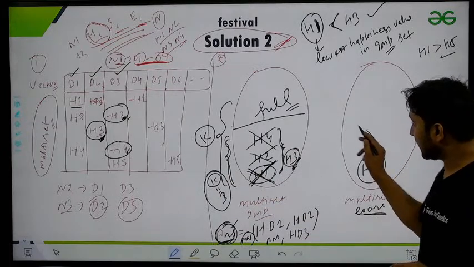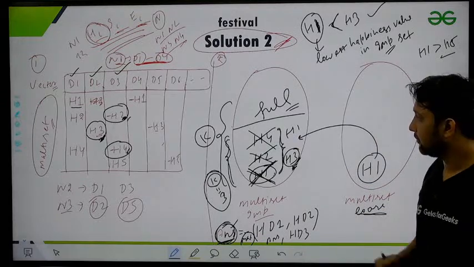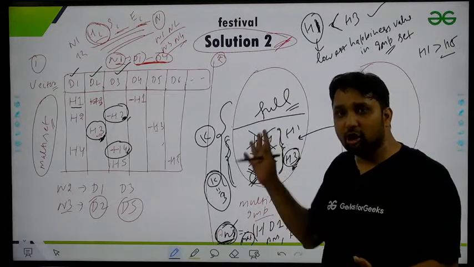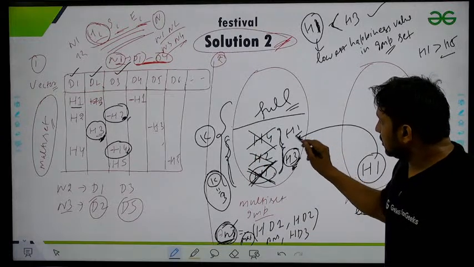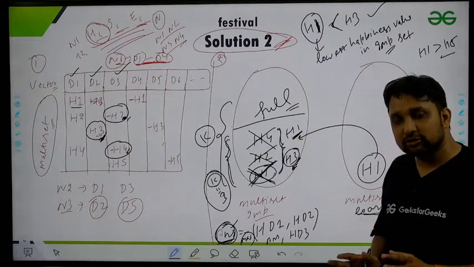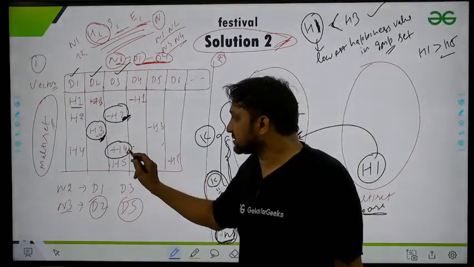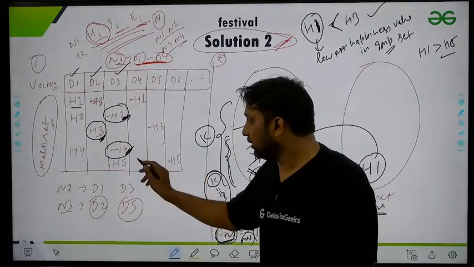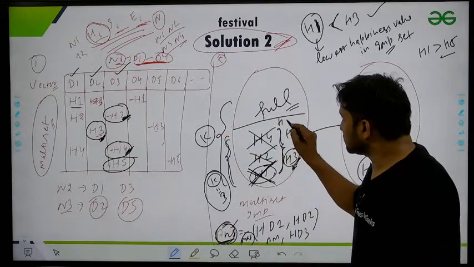So I will insert H1 here, because the H1 event is still going on and is not ended. So I will add H1. This is another condition when an event ends. And here you will add H5 also because that is occurring.